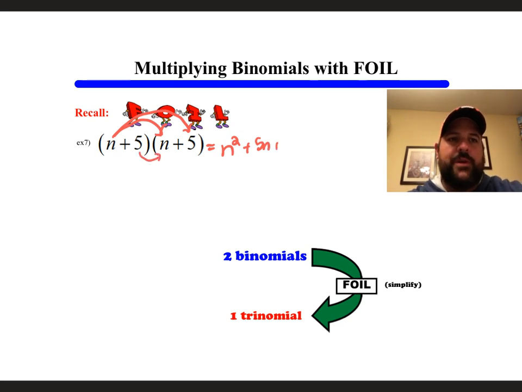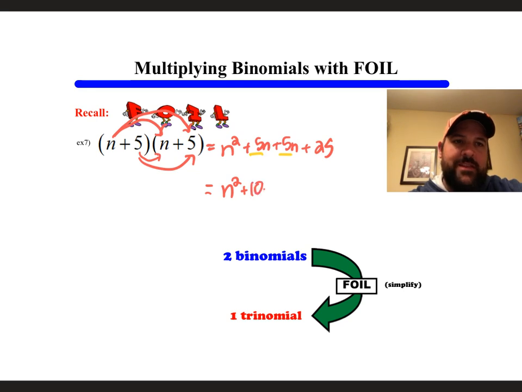For the inside, we would get plus 5n. And then we get plus 25. And I can combine my two middle terms here, the 5n and the 5n, to give me a final answer of n squared plus 10n plus 25.